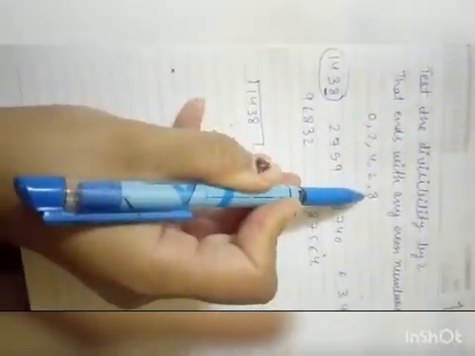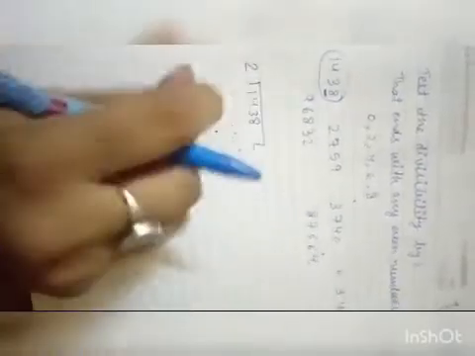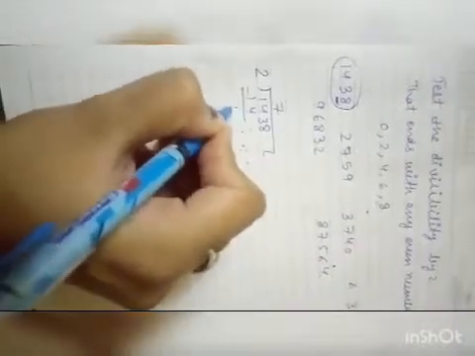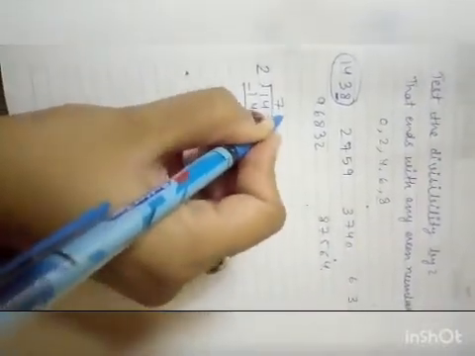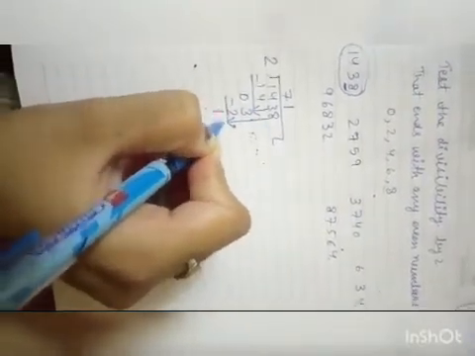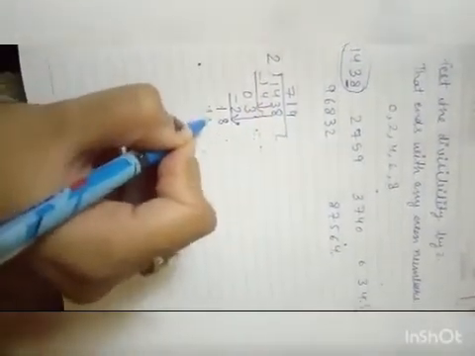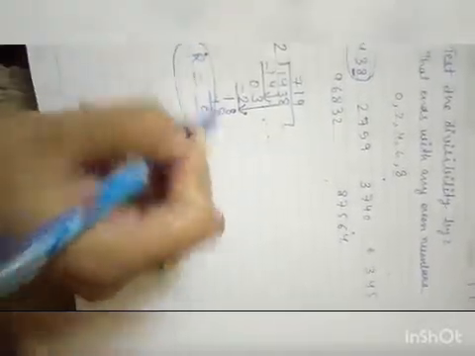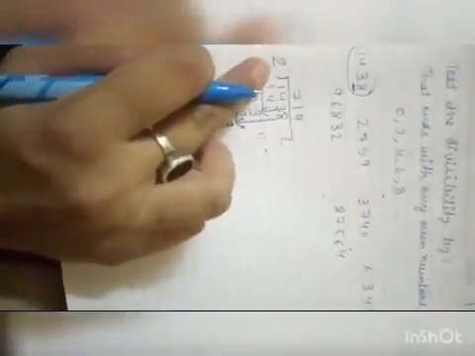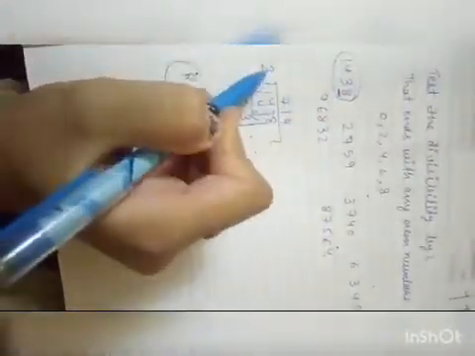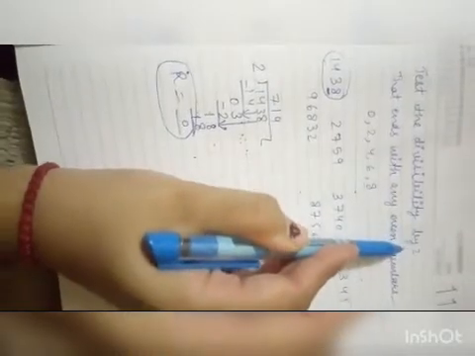So I have 2 as the divisor: 2 sevens are 14, remainder 0, then I take 3, 2 ones are 2, remainder 1, then I take 18, 2 nines are 18. If the remainder is 0, it means the dividend is divisible by 2. So 1438 is divisible by 2, because we were checking divisibility by 2.